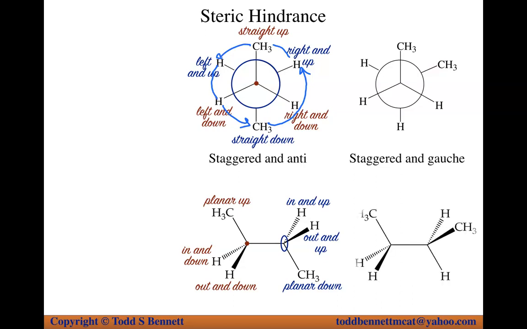So the side view of that one, again, let's make sure we have everything translated correctly. On this front carbon, I have CH3 in the plane. I have H on the left, so it's going to be in. And I have this H on the right, so it's coming out.